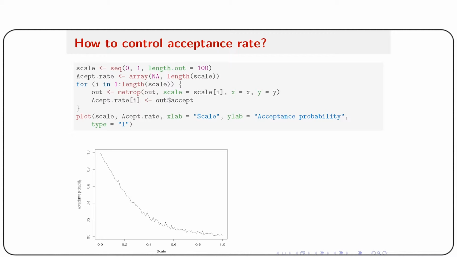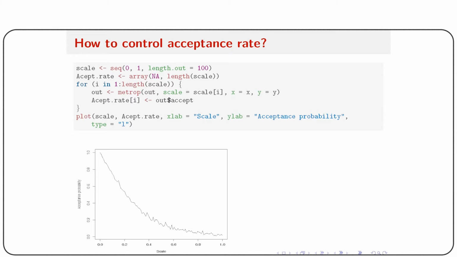So we are using one example here. Suppose the scale, I am using scale equals a sequence from 0 to 1, with length.out 100, just to see how the acceptance rate varies over the choice of scale. The acceptance rate equals an array of NA with the length of scale, and then using a for loop, for i equals 1 to the total number of scale values I assigned, out equals running the Metrop function again for different scale values and getting the acceptance rate.